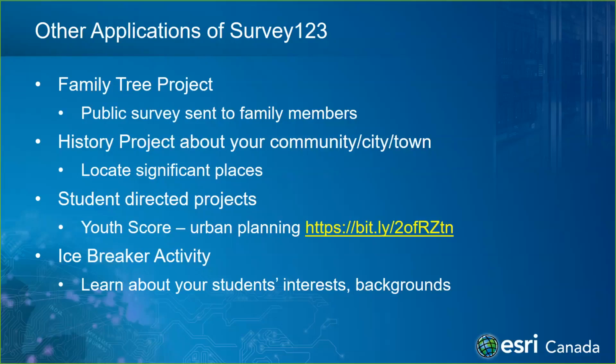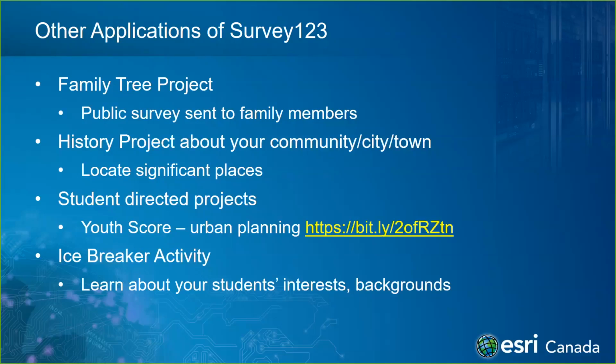So those are just 3 examples. Another one is doing a history project about your community. So locating significant places that are important to your community and highlighting those areas.